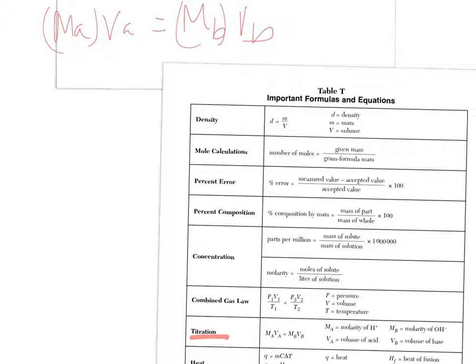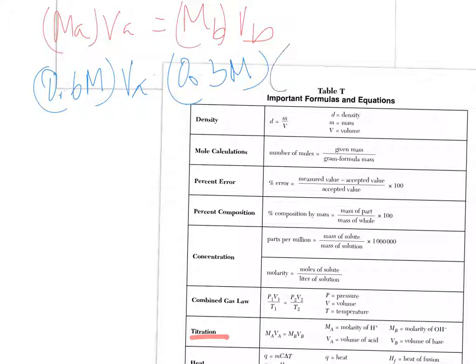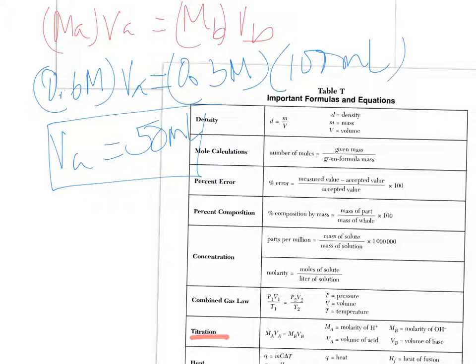So MA is 0.6 molarity times VA is equal to 0.3 molarity times 100 milliliters. So right then and there, we know VA will be equal to 50 milliliters. So the answer is true.